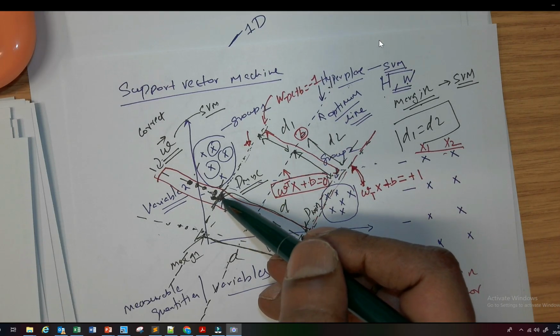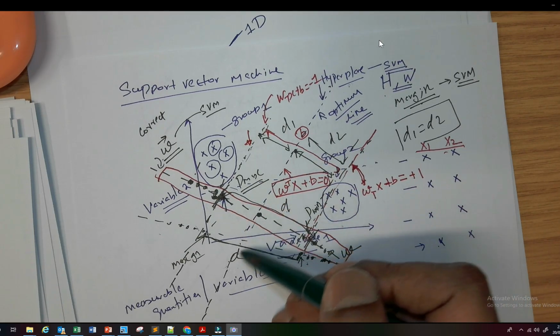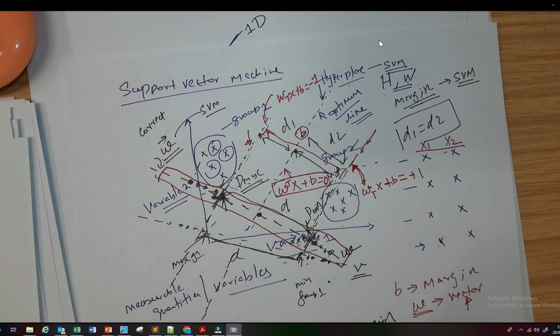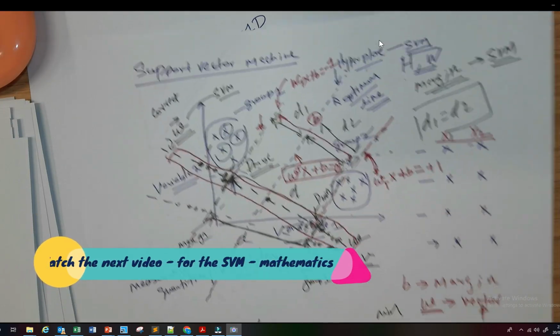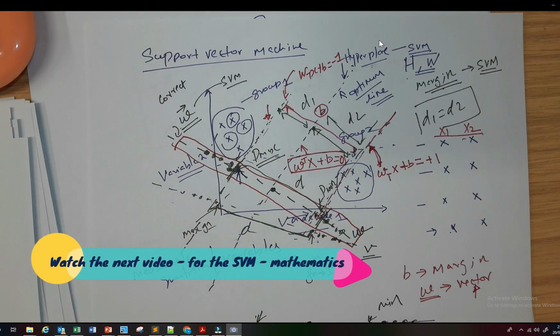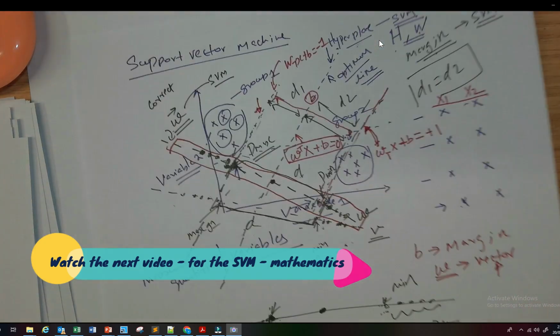Then we take the midpoint and draw the hyperplane. So we will try to solve this problem, or in other words, I will introduce the mathematics in the next video. So this should be enough for this moment.